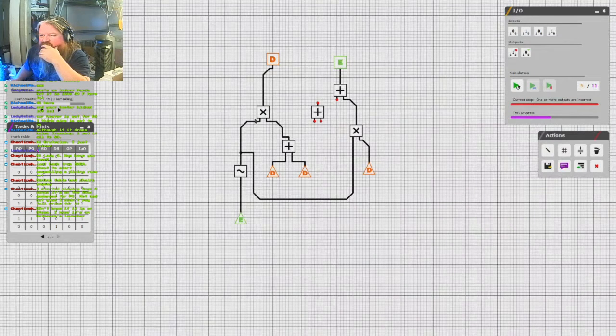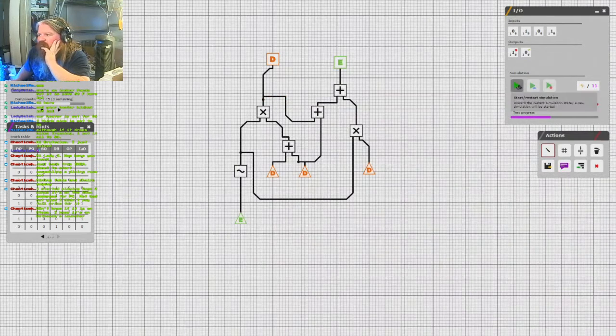So, if the door's not blocked and either one of these happen, yes, okay. Safety should always open the door. Now let's try it.